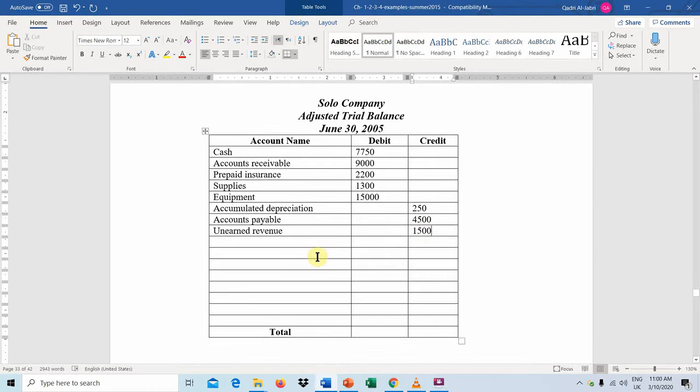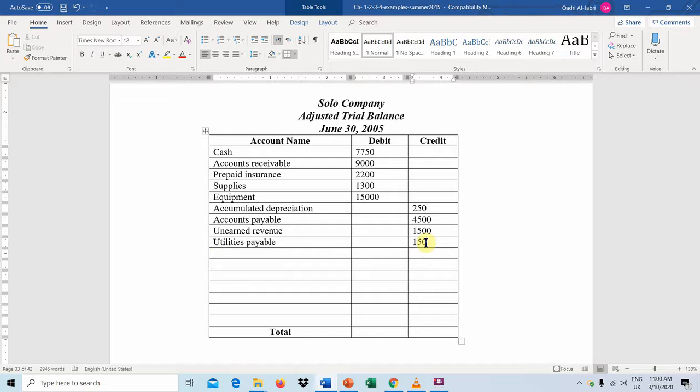Do we still have any liabilities? The answer is yes. We have, for example, utilities payable, that has a balance of 150.